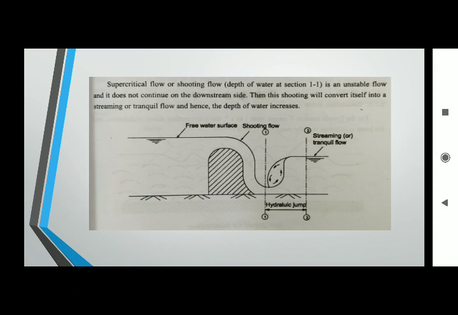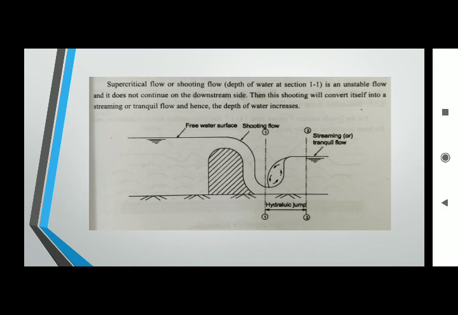If we allow velocity v1, there will be a lot of scouring or erosion in the river bed. At section 2 there will be a huge depth, so velocity will be minimum and it will not cause any erosion or abrasion. Compared to section 2, energy at section 1 will be maximum, so by producing a hydraulic jump we are reducing the energy of the water.